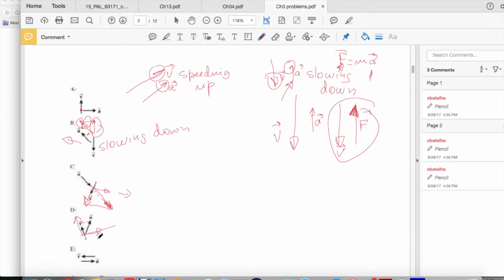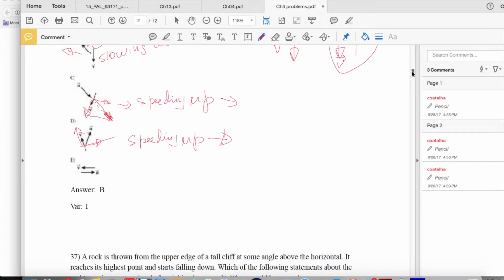It's to the right, okay? So you have a speeding up, and the body pulls that way. Here you have also a speeding up, and the body is pulling that way. And here we have a simple slowing down.